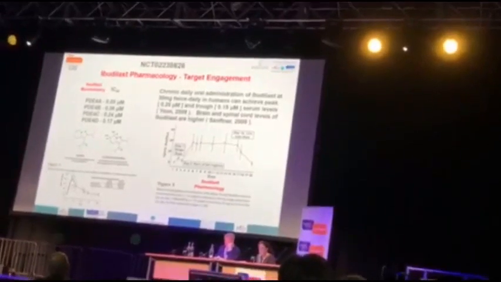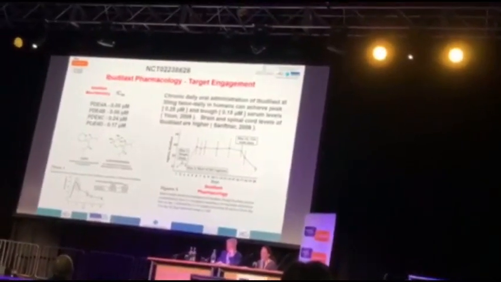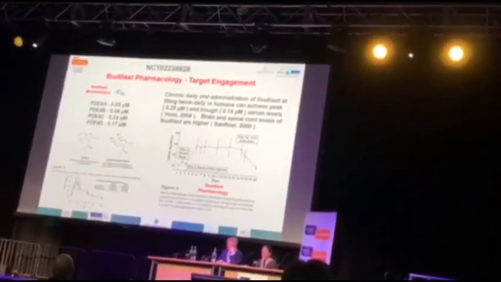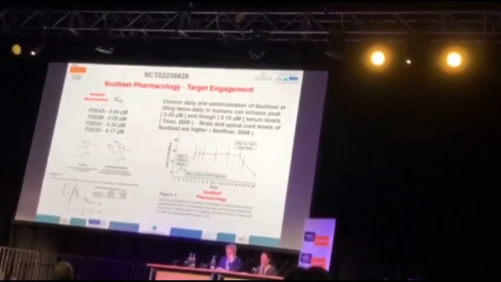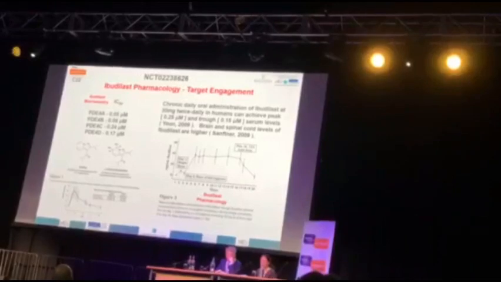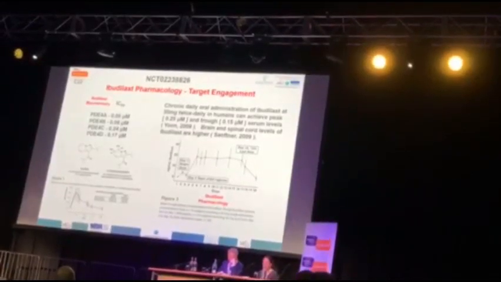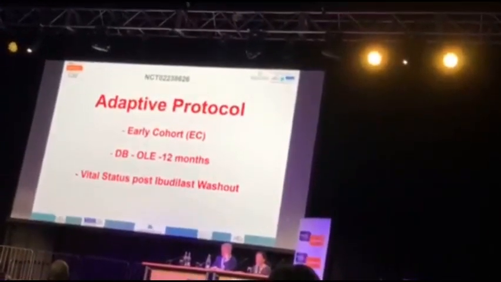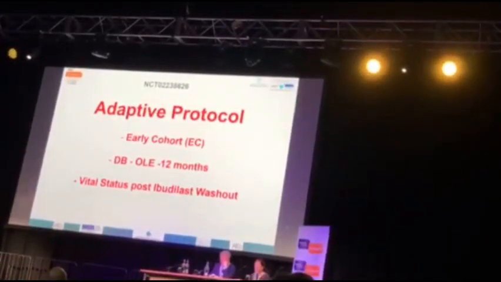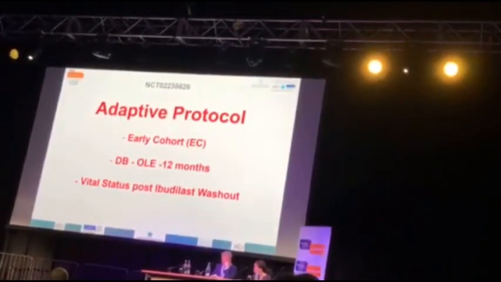The levels that we can achieve with ibudilast are in the range that would inhibit all of the phosphodiesterases present, and the brain levels and spinal cord levels have actually been shown to be higher than what you get in serum. This was an adaptive protocol. We looked at an early cohort, which did not require non-invasive ventilation.